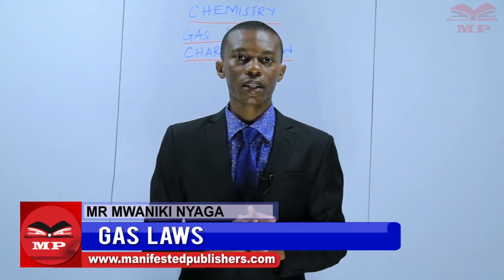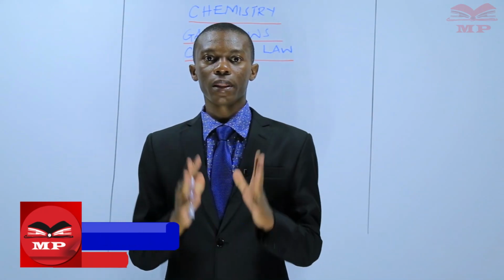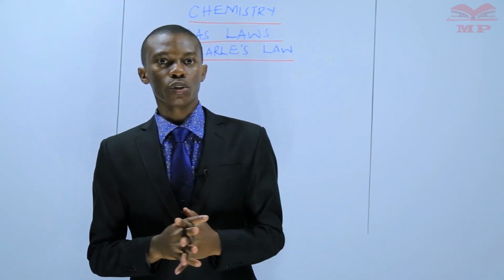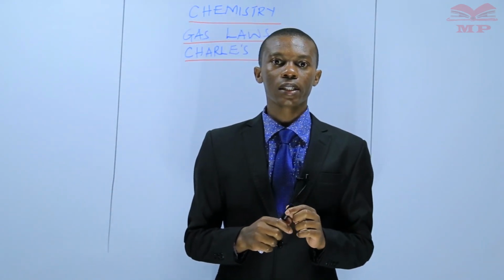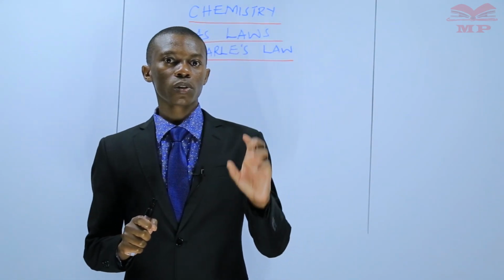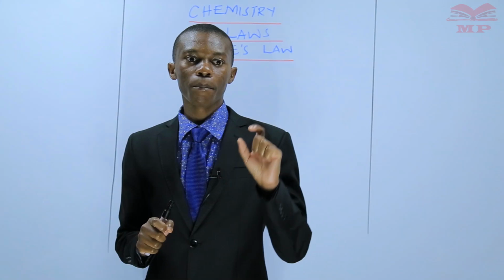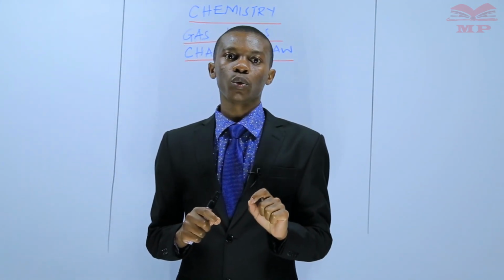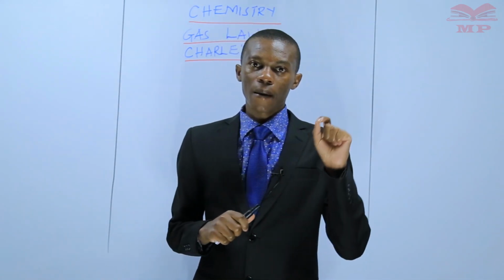My name is Mwaneki. We are continuing with Chemistry Form 3 and our topic is gas laws. In the previous lessons, we discussed Charles' Law, which states that the volume of a fixed mass of a gas is directly proportional to its absolute temperature at constant pressure.